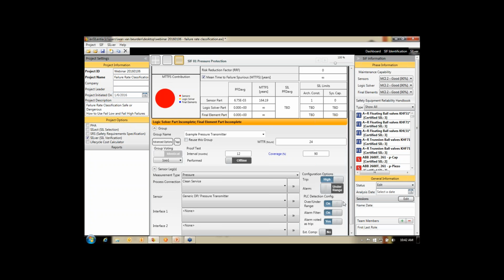This is a generic transmitter. If you would play with manufacturer-specific data, you will see that especially the safety certified devices will have more failures that are driven to a particular predefined output.